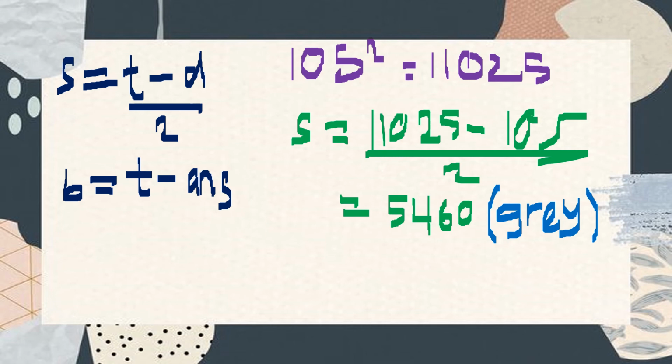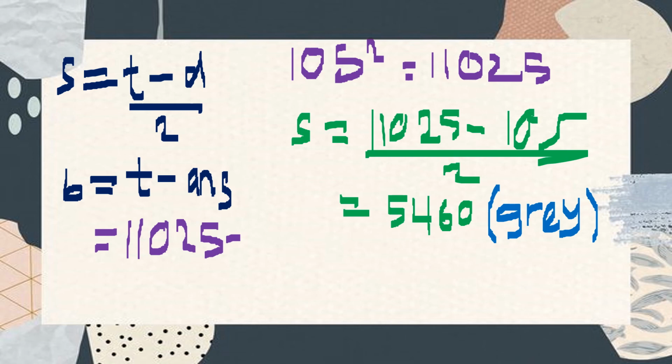What about the white triangle? Let's find out. In figure number 105, the white triangle is bigger, so we use the formula for the bigger number. So the total is 11025 minus the answer.